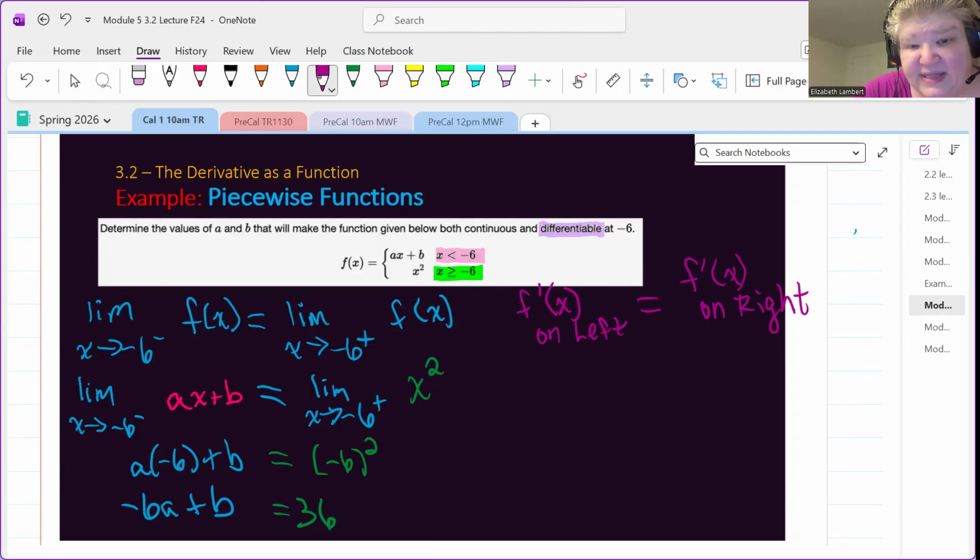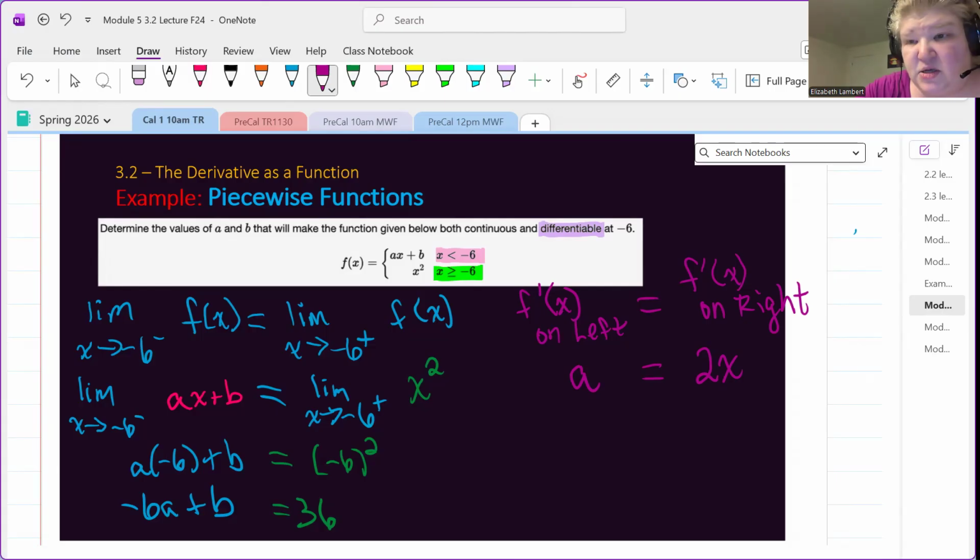Remember, the right side, that x squared side, we did the derivative of x squared earlier. It is 2x. On the left side, the derivative of a line is the slope of the line. So the derivative of the left side is just the slope, which is a. Now, the point in question is where I need these to meet up.